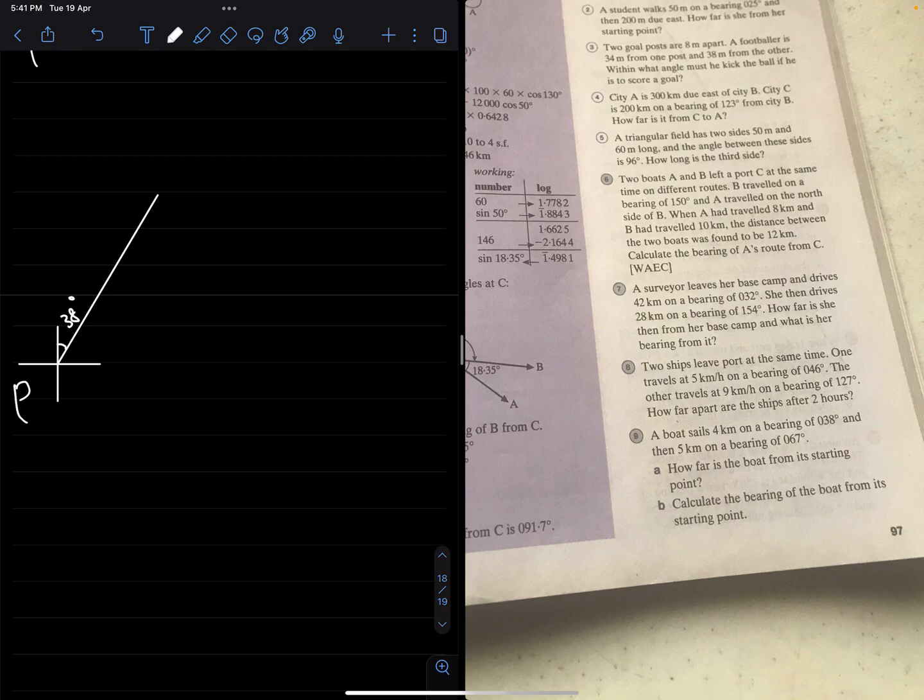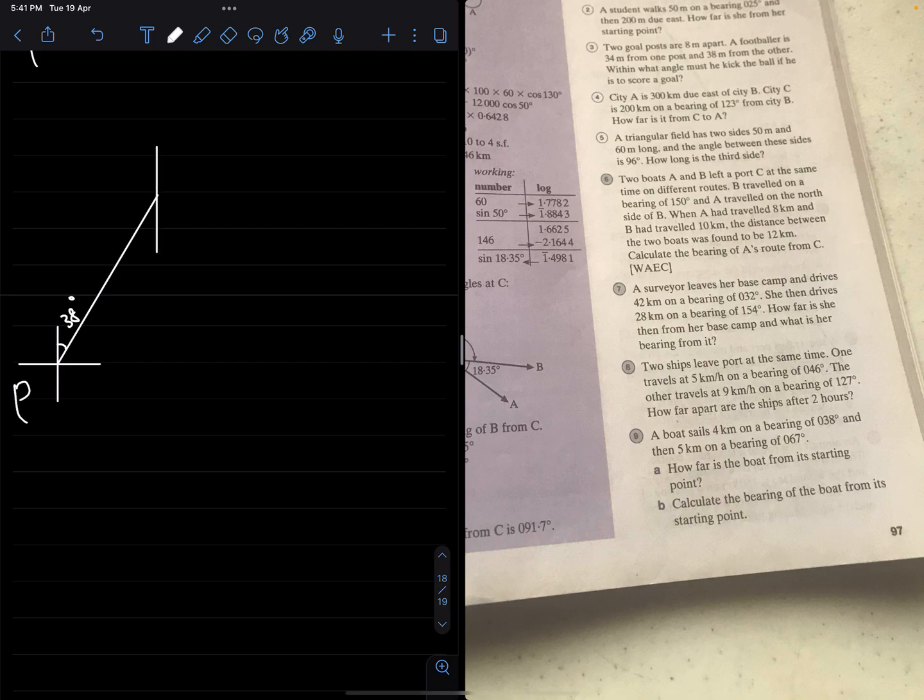Now, from this point, it then moves on a bearing of 67 degrees, another distance of 5 kilometers.